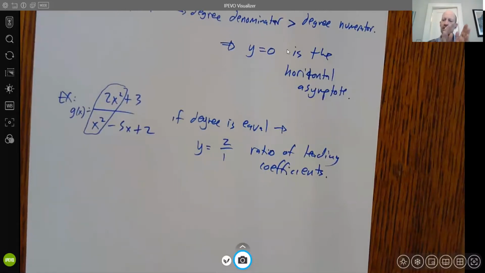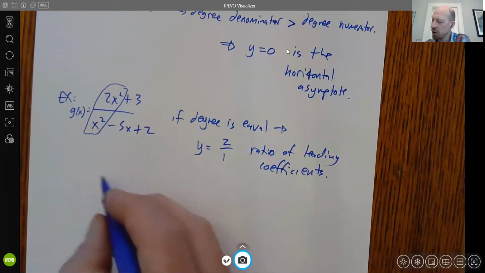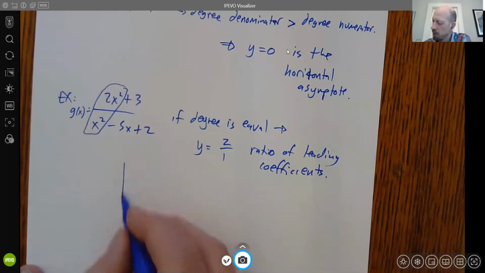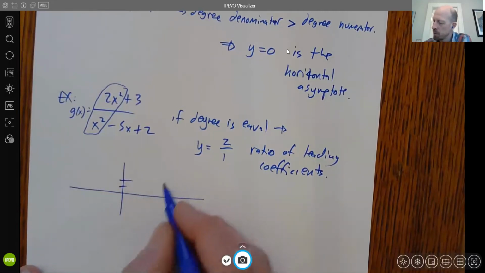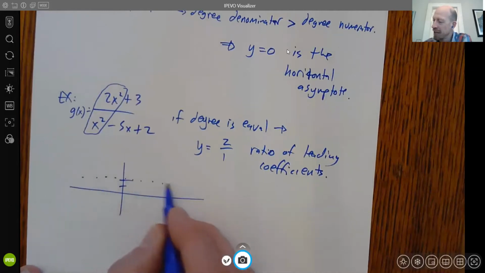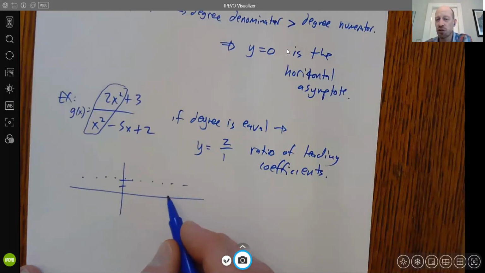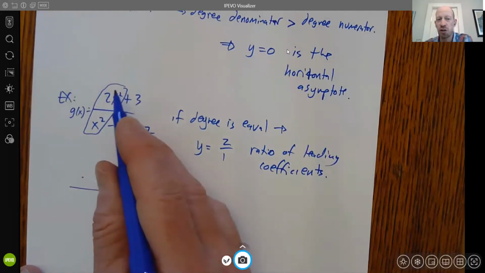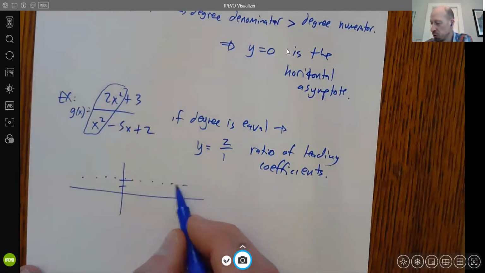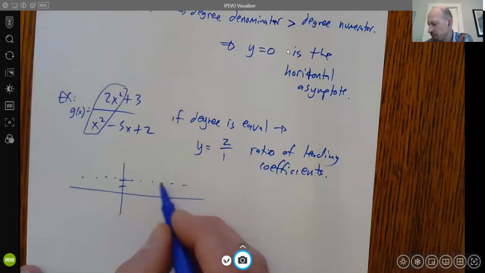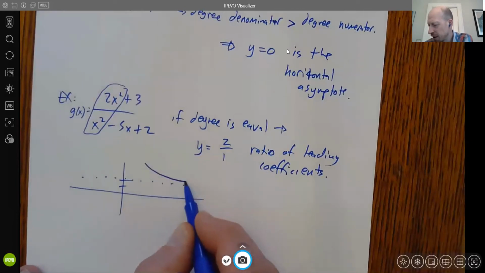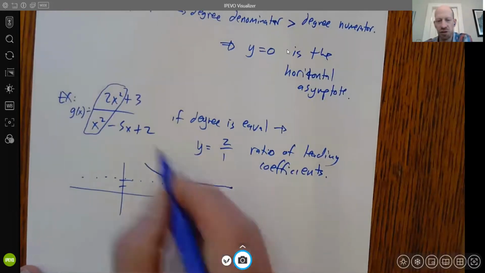What's really happening here is I'm claiming that 2 is the horizontal asymptote, and what that means is as the x values get larger and larger and larger, the function is going to be getting closer and closer and closer to 2. So it may go kind of up and down, or it may just go kind of like this. It's going to get closer and closer to 2.